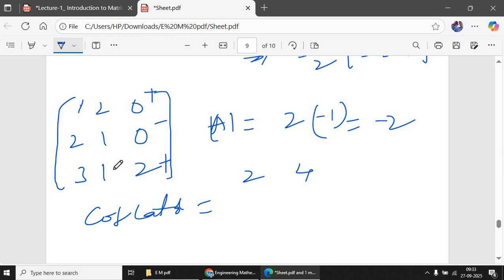So when you calculate for 0, 2 minus 3 minus 1. Similarly again 2, when you calculate for 2 you will get 4. And again when you calculate for 1 you will get 2. And again when you calculate for 1, minus 6 minus 5. And again 3 means 0. 1 means again 0. Again 2 means 1 minus 4 minus 3.